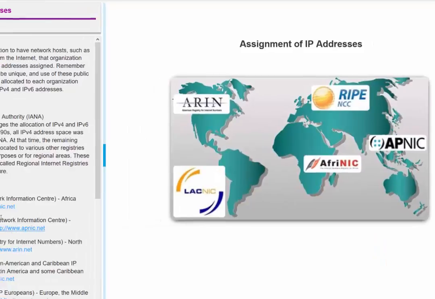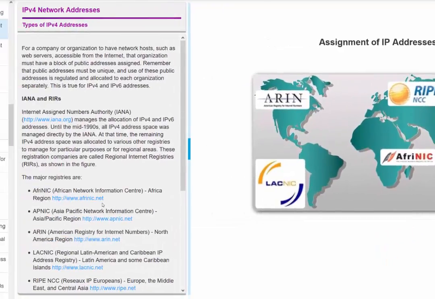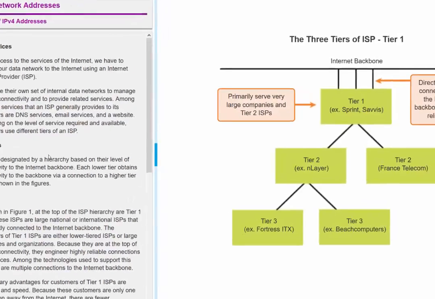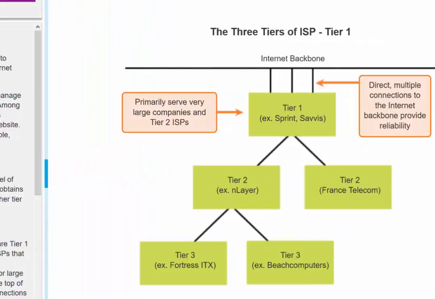Of course, the network part is assigned by an international organization called IANA, and then each network will assign the host IP address that corresponds to each host.